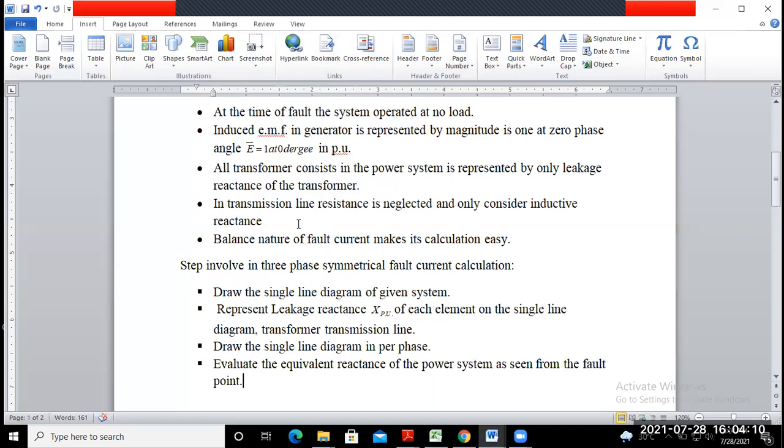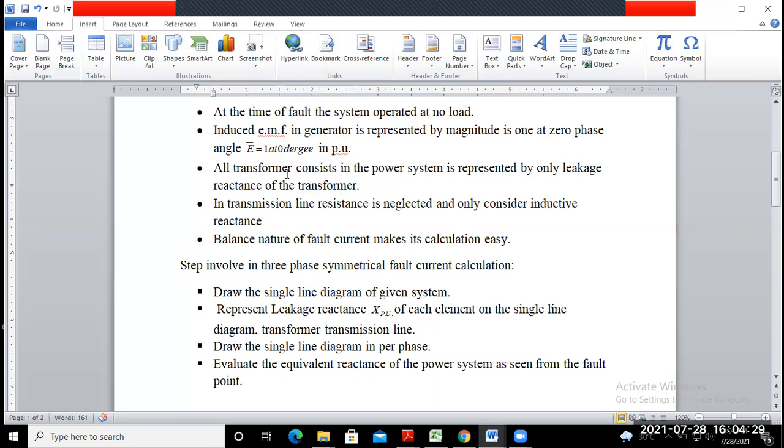Once you complete the single line diagram, you represent the leakage reactance of each element in per unit, and finally, for the calculation, you draw the single line diagram per phase.